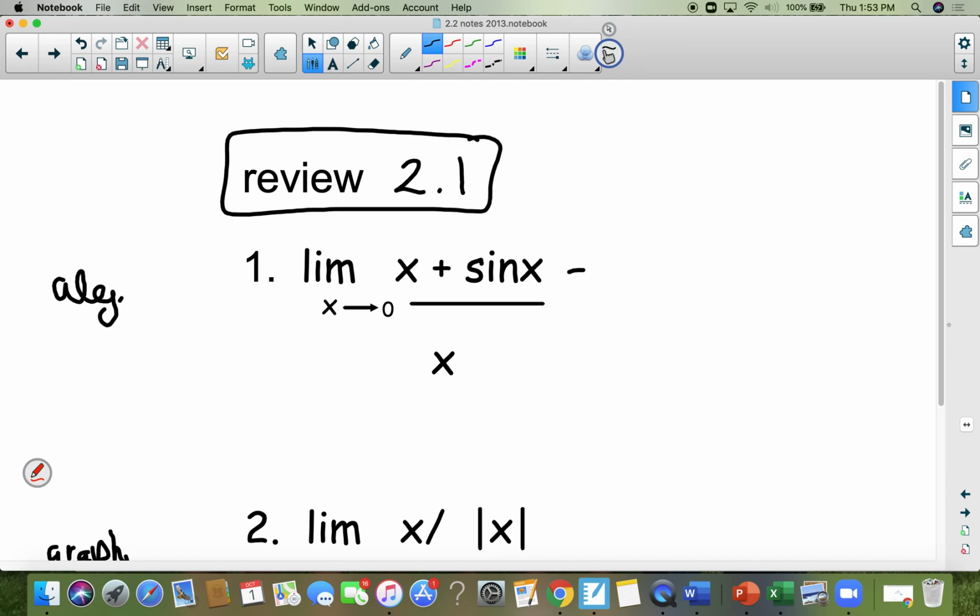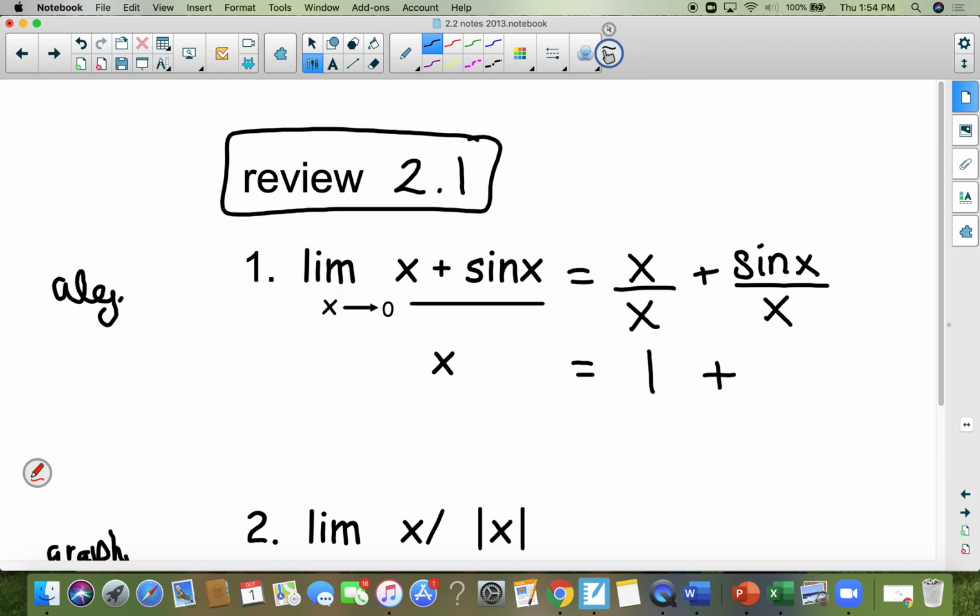Let's see if you guys know, if we break this up, it's x over x plus the sine of x over x, correct? X divided by x is 1, isn't it? Plus, I tell you to memorize the sine of x over x, that's the octopus, right? As x is getting closer to 0, what's the intended y value? 1, right?